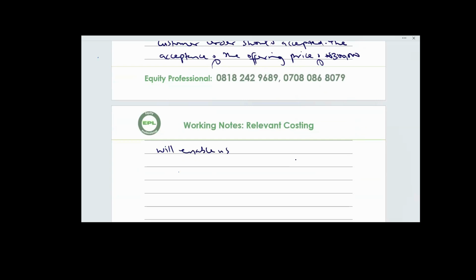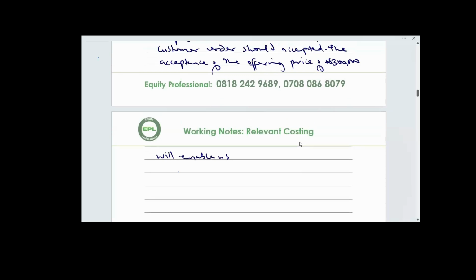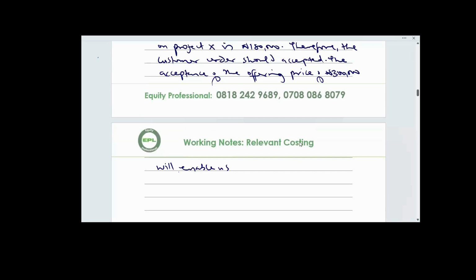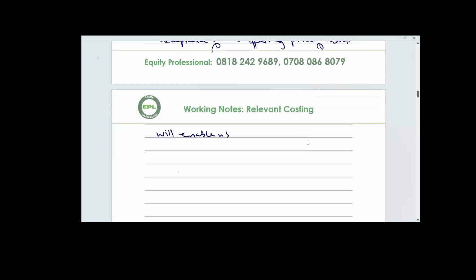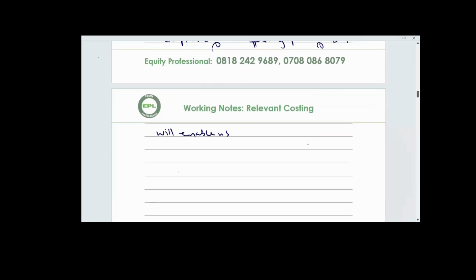Don't say we enable the company, because you are a member of the company, you are an employee of the company. So you have to personalize it. You write your report as if you are part of the business, which of course that's what you are. So you say that the acceptance of the offering price of 300,000 naira will enable us to earn additional profits.